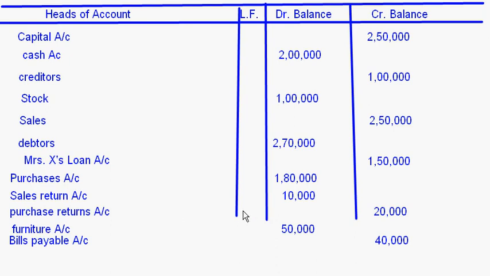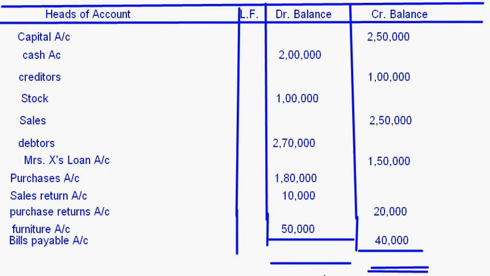Now the final test of the trial balance is, once the balances have been put, we have to see whether the debit balance and the credit balance are tallying or not, right? Okay. So here you have to add the debit side and the credit side balances, right? So let's add this. First of all, let's do it for the debit balance, right?